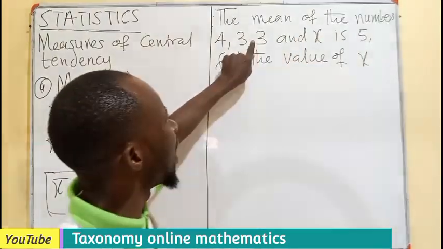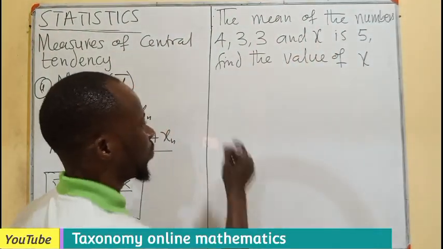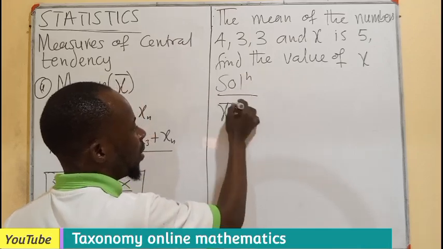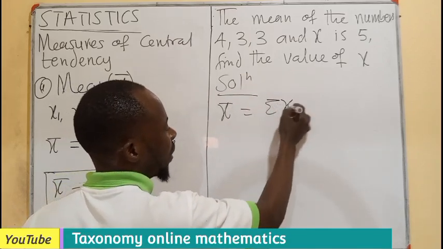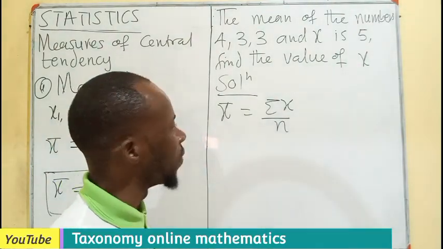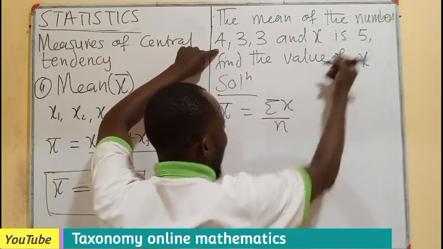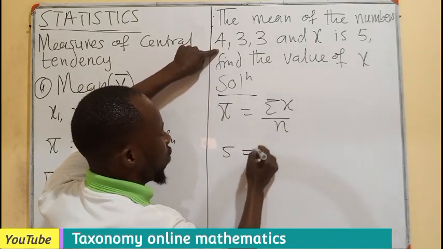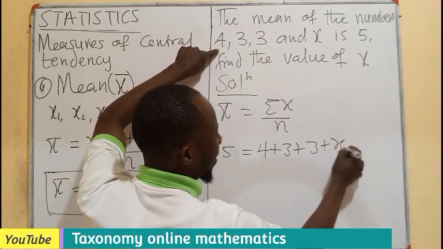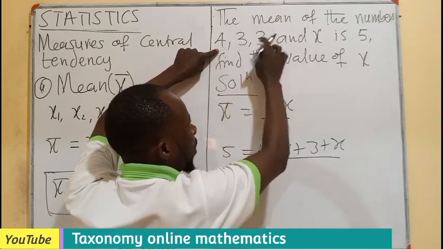Meaning, per the definition that we have, the mean is the summation of X over n, summing all the values of X. In this case, the mean has been given to us as 5. So 5 equals 4 plus 3 plus 3 plus X, divided by the number of data: 1, 2, 3, 4.